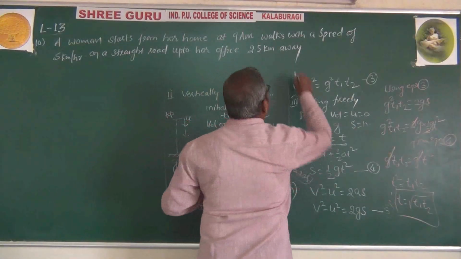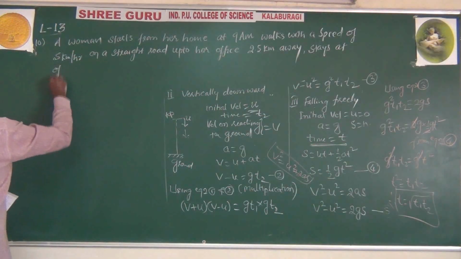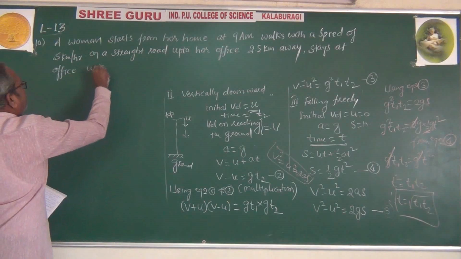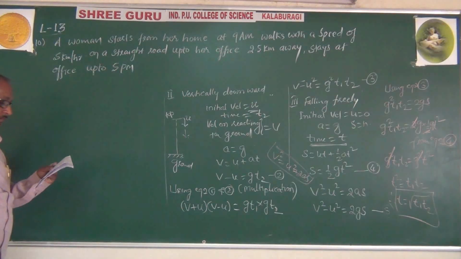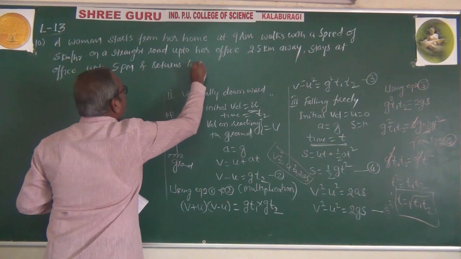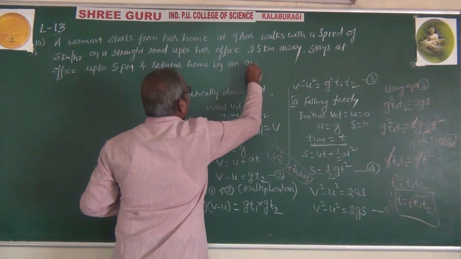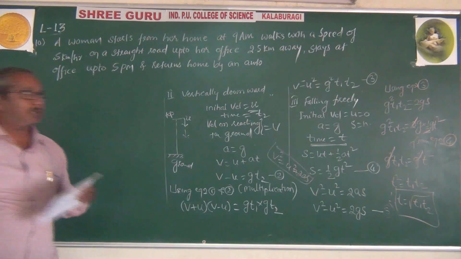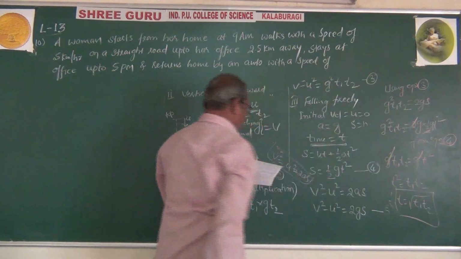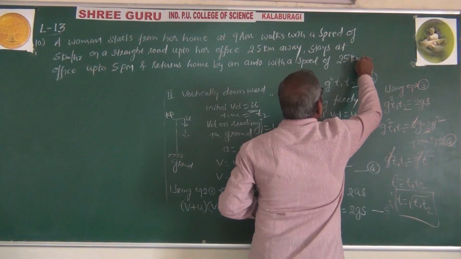She stays at office and returns home by an auto with a speed of 25 kilometer per hour.